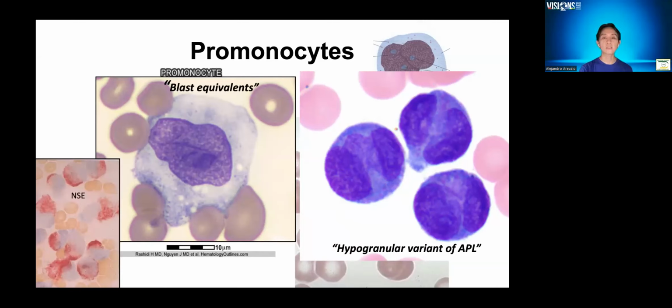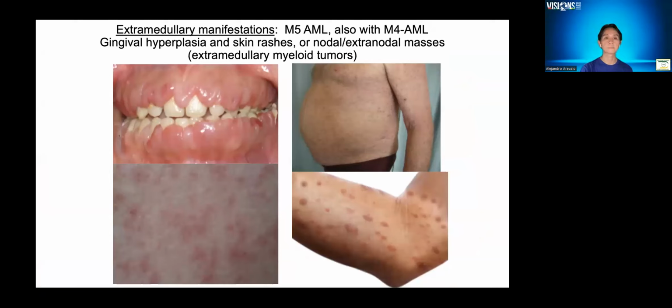To differentiate the two, you can do a cytochemical stain, because your promonocytes would be positive for NSE, while the APL, both granular and the hypogranular variant, would be strongly positive for cytoplasmic myeloperoxidase.